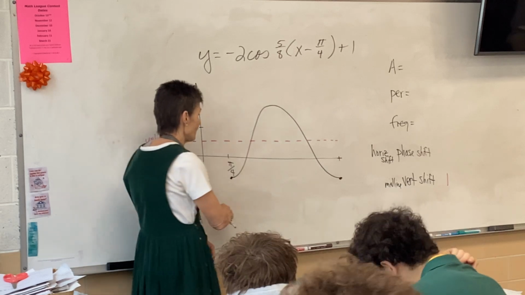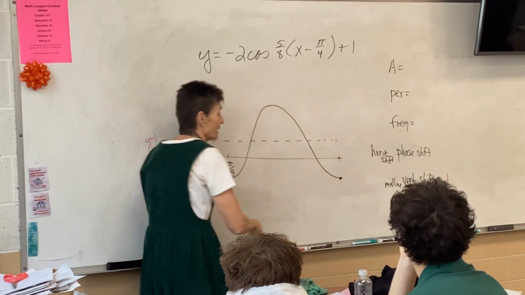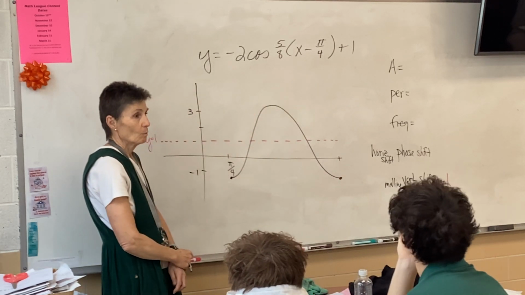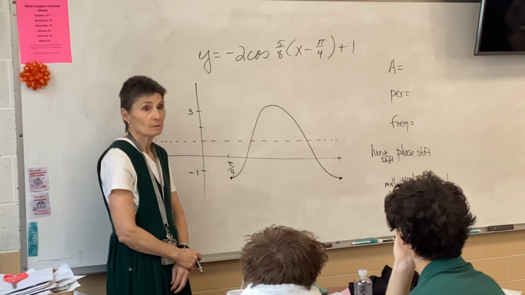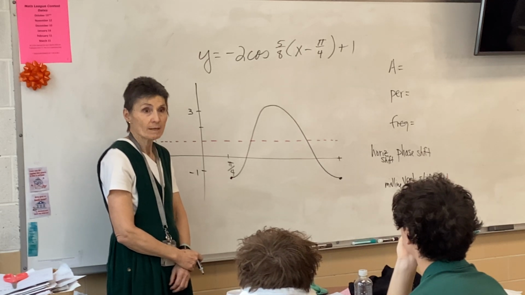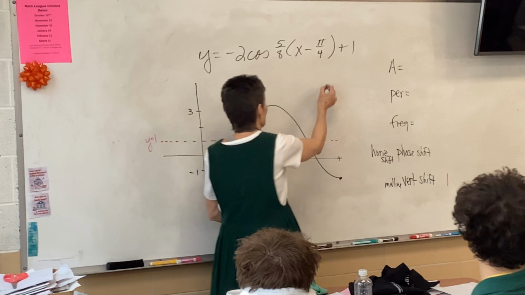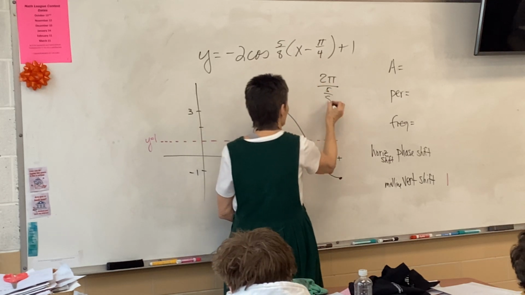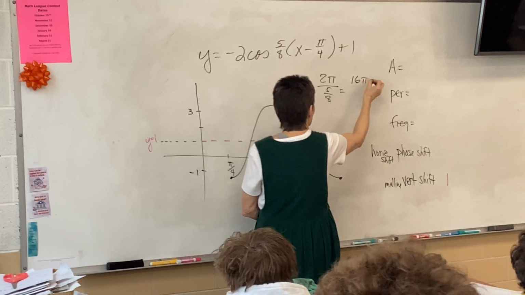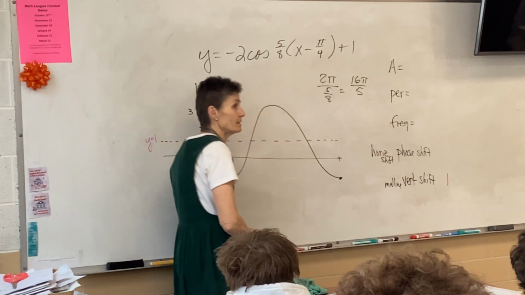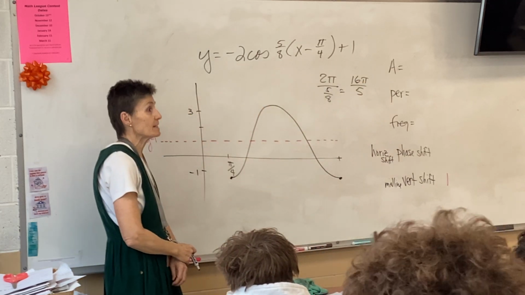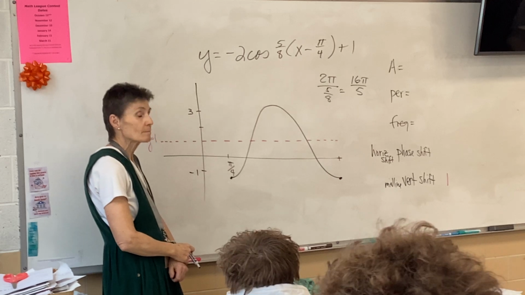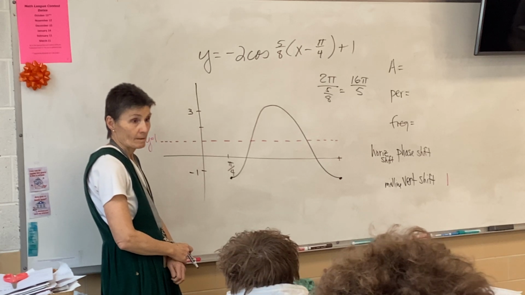Now, in order to figure out that point right there, what do I need to know? A period, right? I find my period by taking 2 pi and dividing it by that number. So it looks like my period is 16 pi over 5. Yuck.